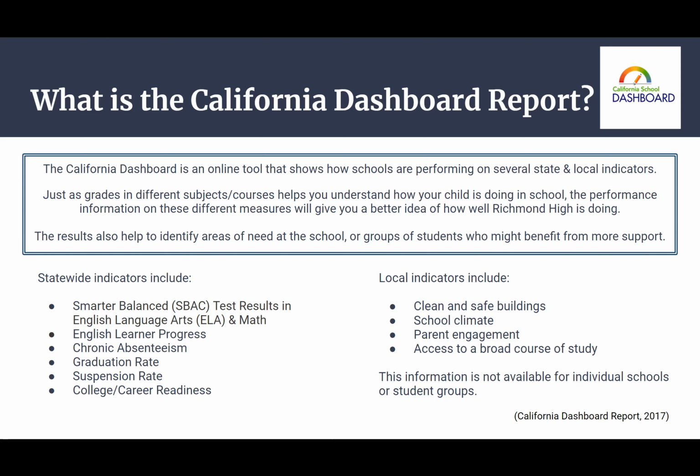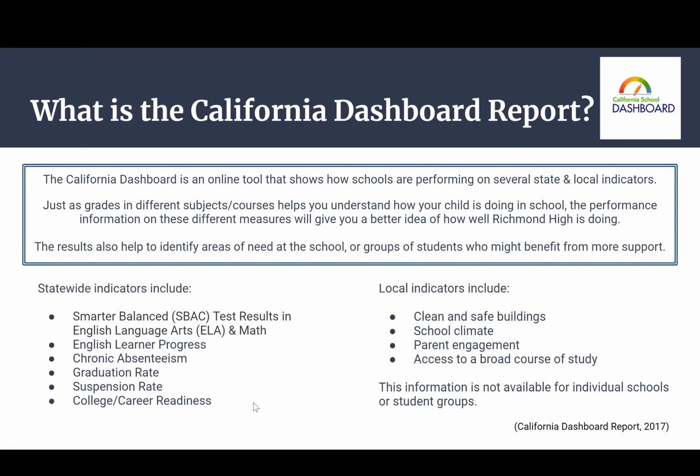So there are two types of indicators that are provided on the report. We have statewide indicators and local indicators. There are 6 statewide indicators, and we're going to be discussing those in detail throughout the evening. So I'm just going to introduce them to you here. The first is the Smarter Balanced, or SBAC, test results in both English language arts, which is ELA, and math.